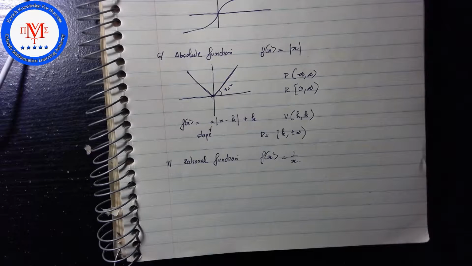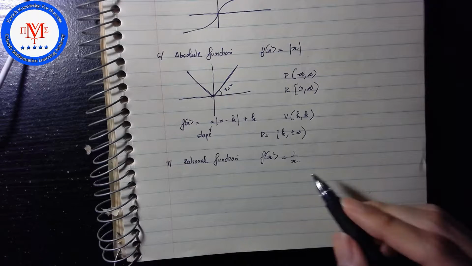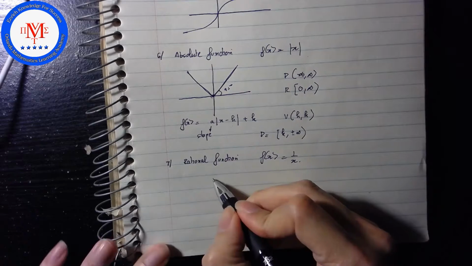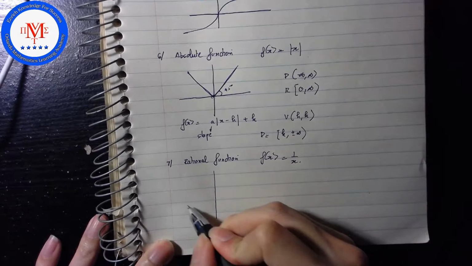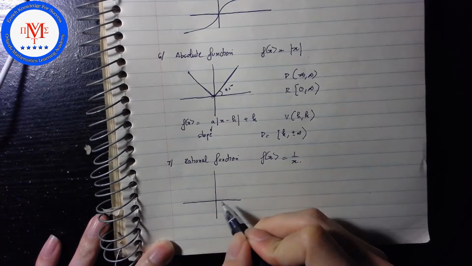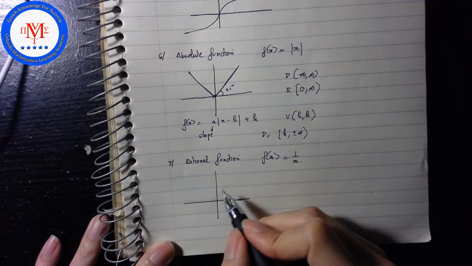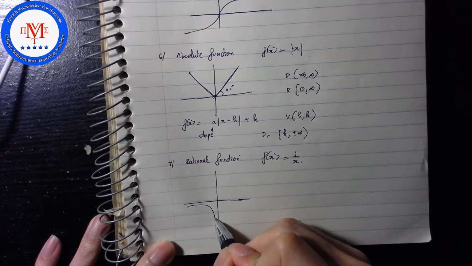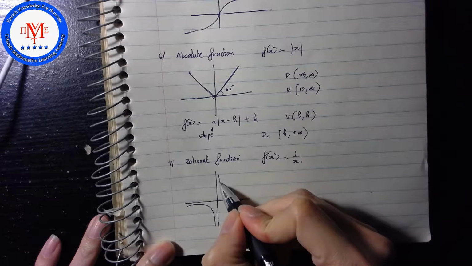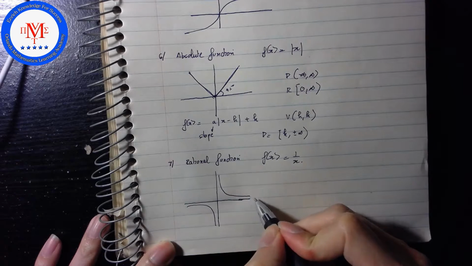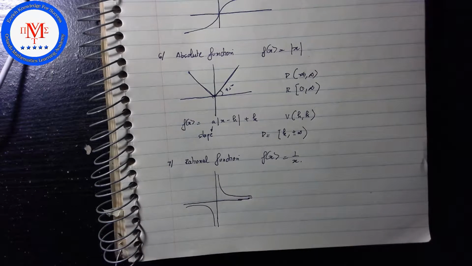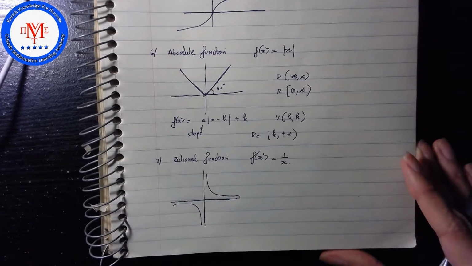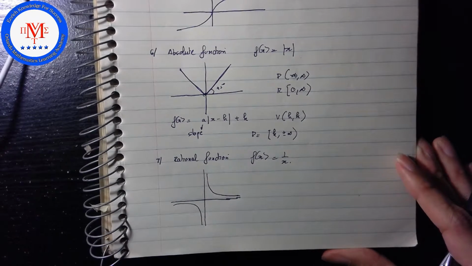The graph of the rational function looks like this. We have two curves, and the x-axis and the y-axis become the horizontal asymptote and vertical asymptote of the rational function.